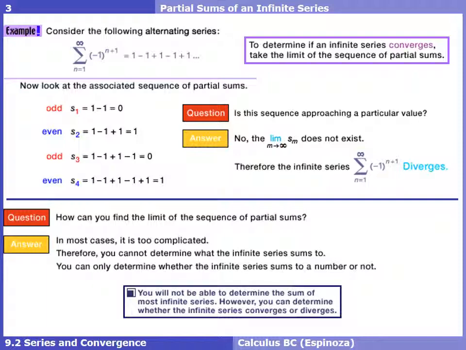Of course, if the infinite series diverges, then it's never going to approach a number, so that wouldn't matter in that case. But just keep that in mind. A lot of the times we're just trying to figure out, does an infinite series converge or diverge, and not necessarily the number that it converges to, if it happens to converge.